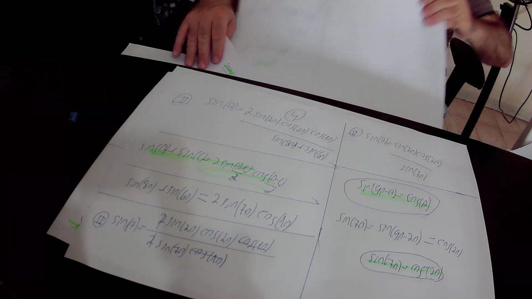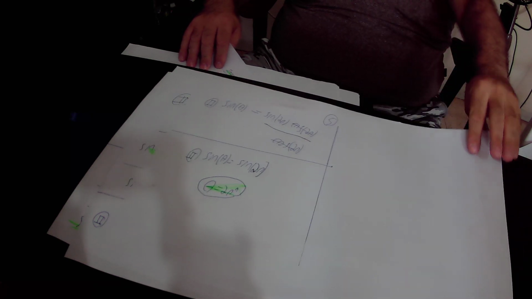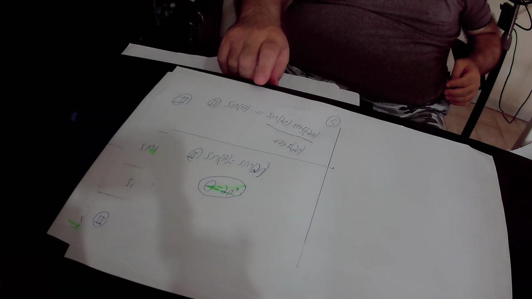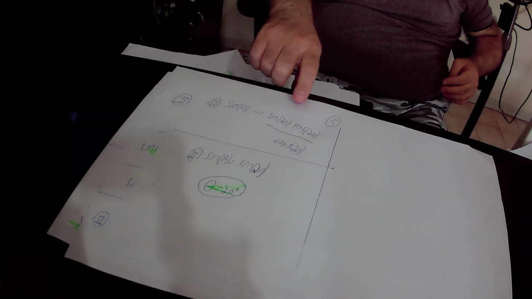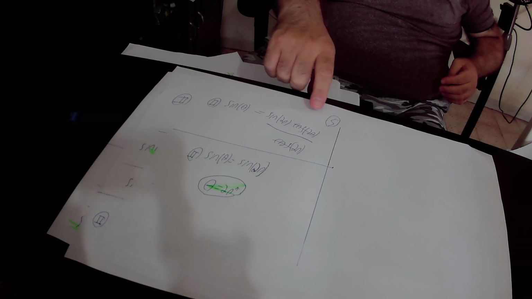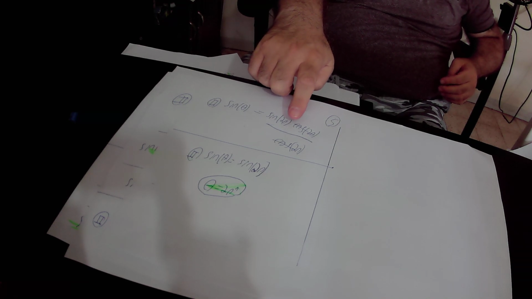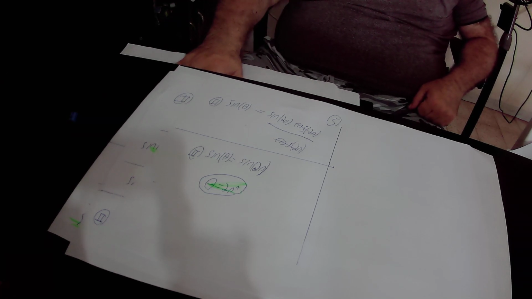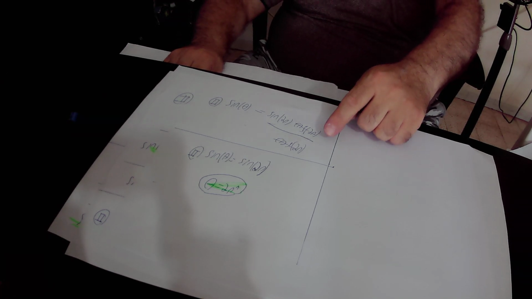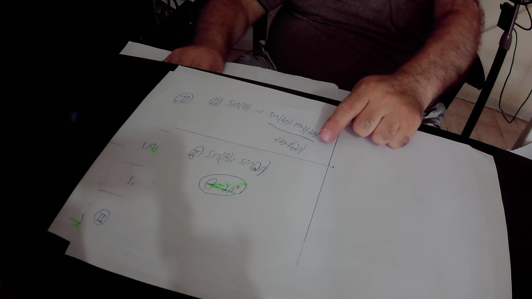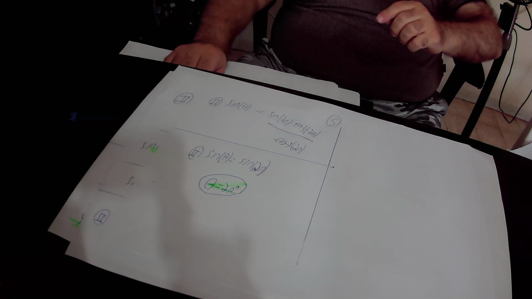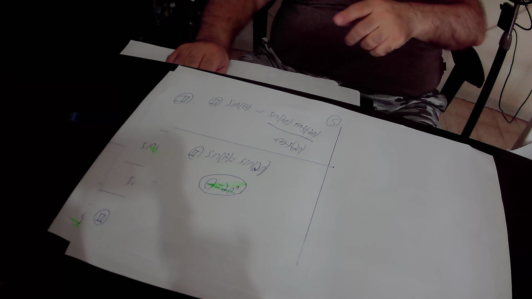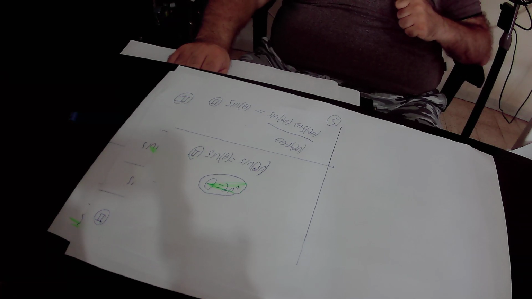We did it, and we got that sin theta equals sin 20 degrees times cos 20 degrees over cos 20 degrees, since we substituted sin 70 degrees by cos 20 degrees. So here we have cos 20 degrees in the numerator and in the denominator, so cos 20 degrees will get cancelled, and finally we got that sin theta equals sin 20 degrees.